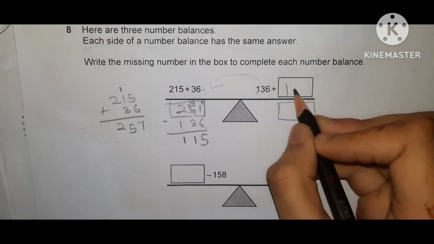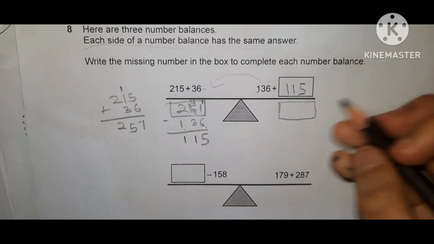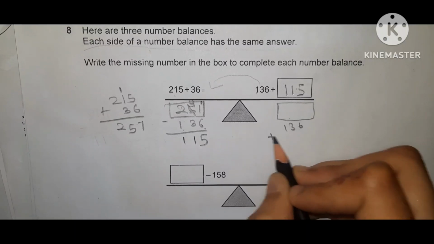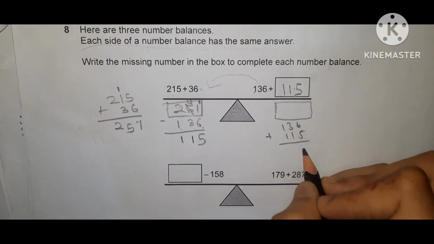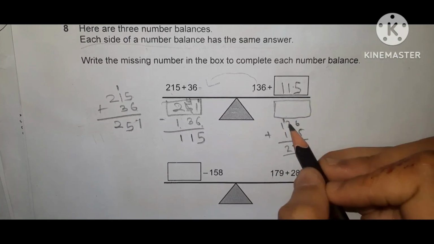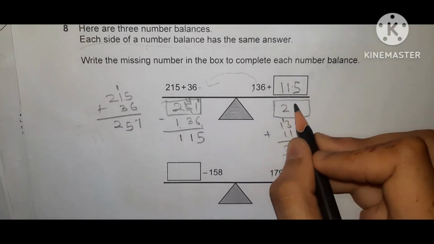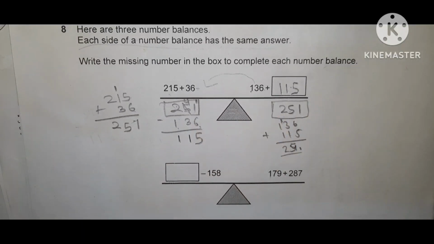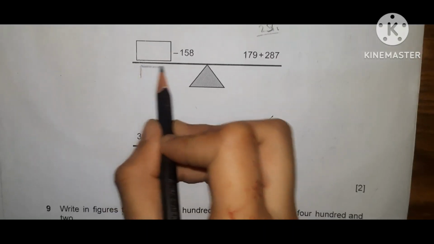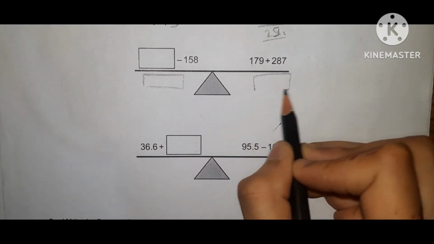So it's 115. If you want to check, you have to add both these numbers and check if you get the correct answer. 136 plus 115. 11, 4, 2. Actually 5. 251. It's the same answers. So it's correct.